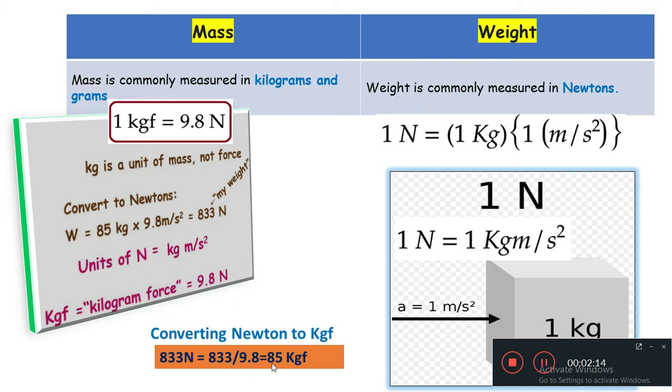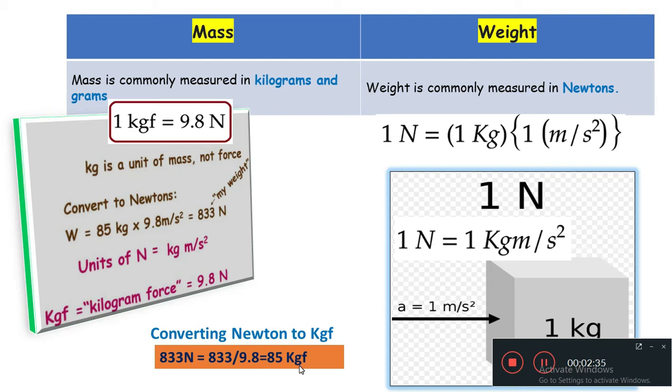Suppose we are converting 85 kg, that is mass, into weight, that is into newton. Suppose if the value is given in newton, that is weight, and they ask us to convert it into mass, then we have to use 833 newton divided by 9.8, that is around 85 kg.